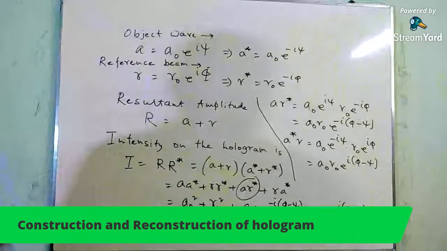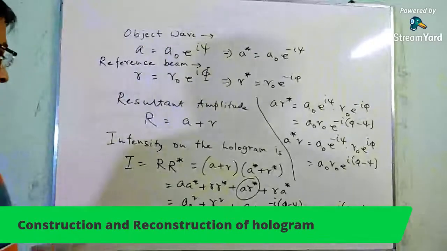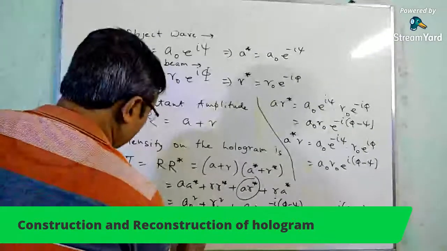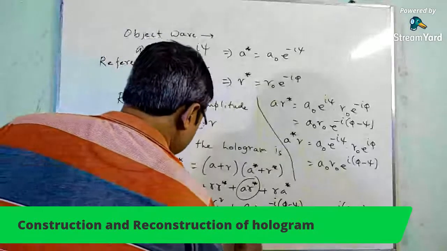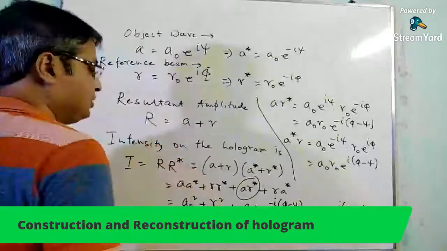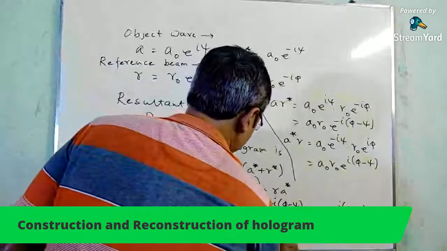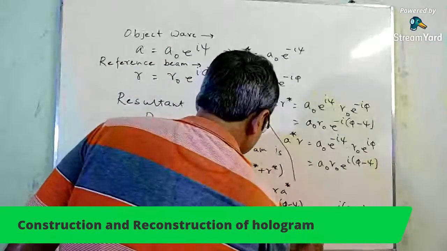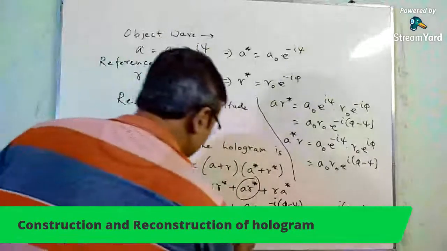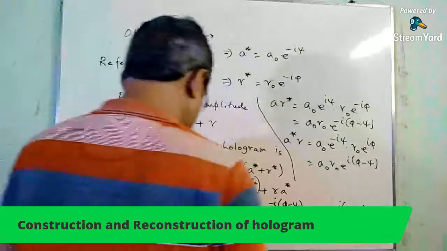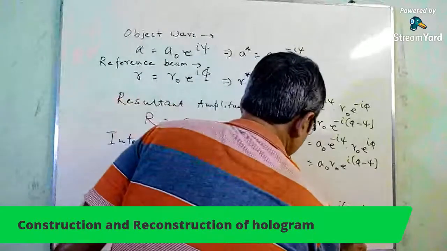So it can be written as a cos term. We have found A0 square plus R0 square plus 2 A0 R0 cos of phi minus psi, and the 2 comes from this. Let it be equation 1.